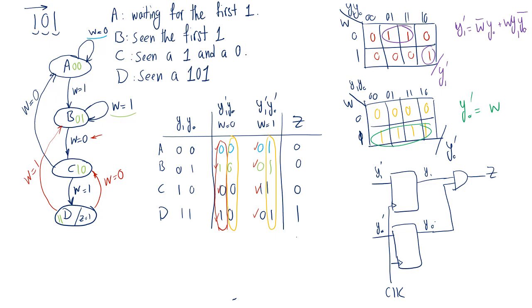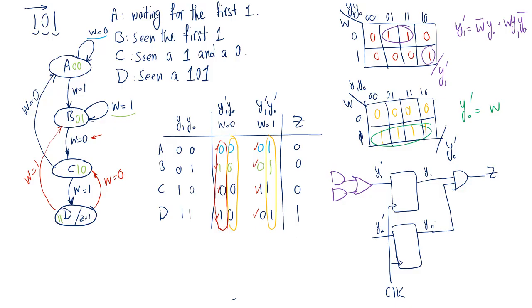Basically, for y1 prime, I know that it is an OR gate of the 2 terms. So I'm going to need an OR gate. And then the OR gate is coming from 2 AND gates. So one AND gate is W, Y1, Y0 bar.